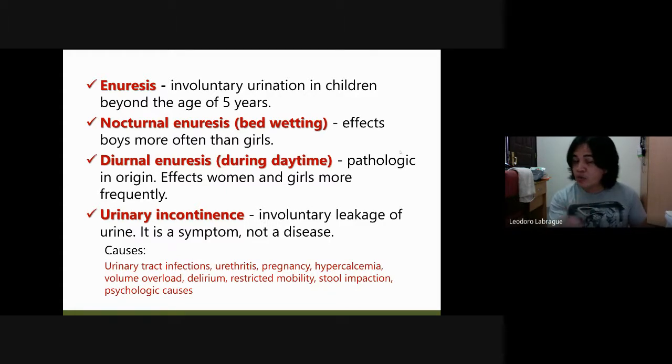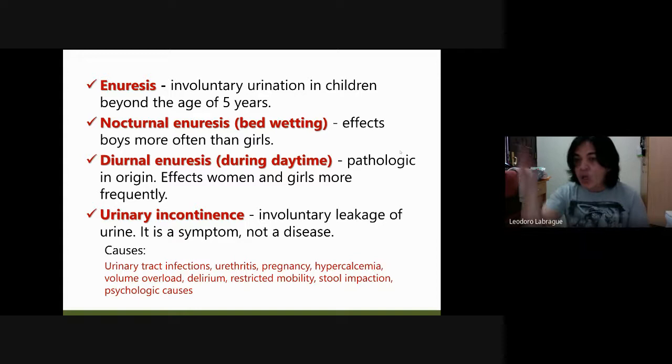Again, is it normal? Is it abnormal? If enuresis occurs before the age of 5, normally it is normal, because as we have mentioned earlier, at the age of 5, urinary control should be developed. However, if the age is 5 and above, that is no longer normal. It could be a potential problem.